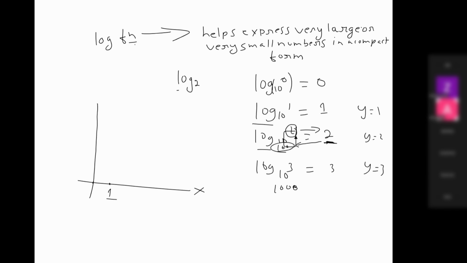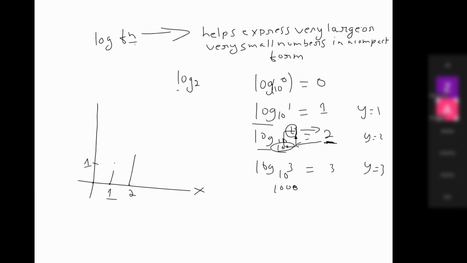So I will be here, at 1. And at x value 2, the value is 2. Instead of representing it as 100, I will represent it as 2. The actual value is 100, if I multiply 10 two times. That is log 10. This is base 10.